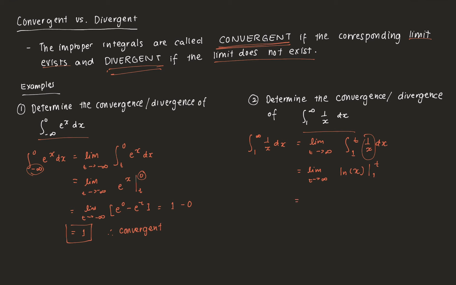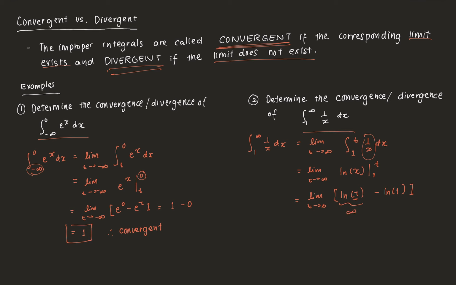If we simplify this, this is the limit as t approaches infinity of ln t minus ln 1, and we evaluate this by plugging in. We have a t here. As t approaches infinity, ln t is also infinity.